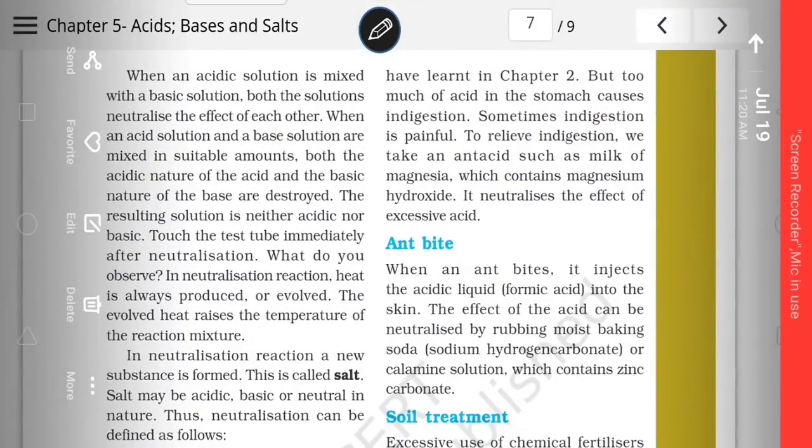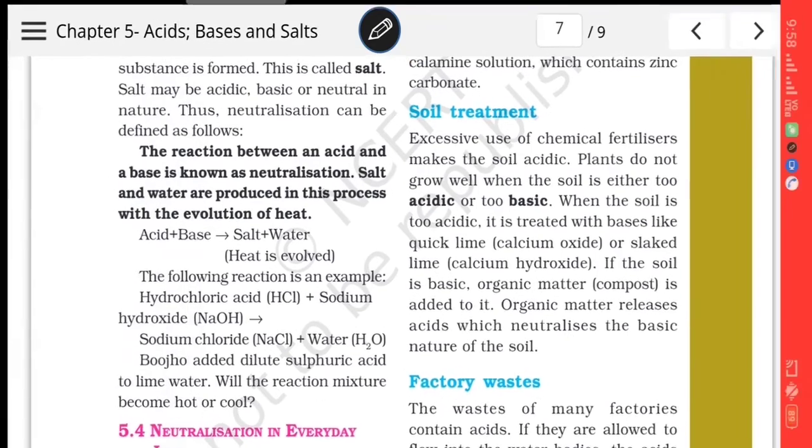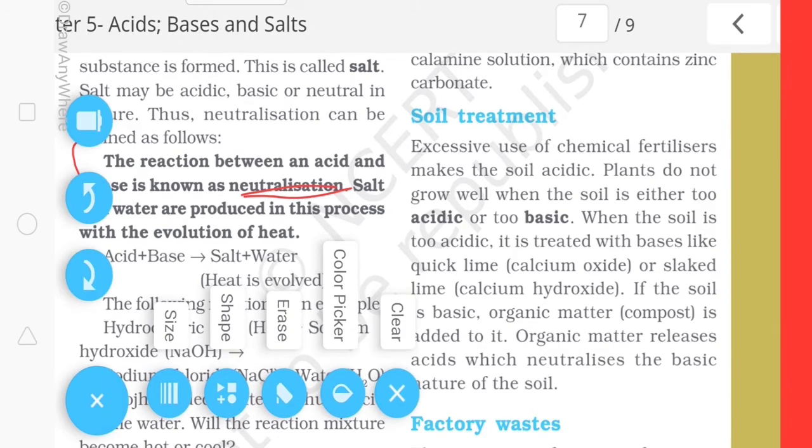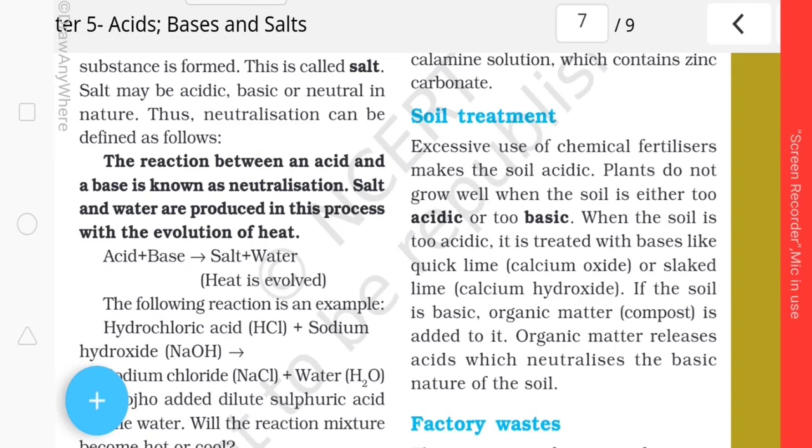Let's see the definition of neutralization. From this activity we can define that the reaction between an acid and a base is known as neutralization. When the acid and base react, what are we going to get?